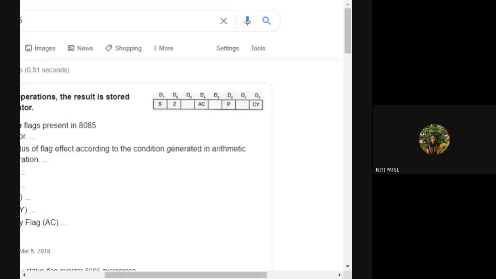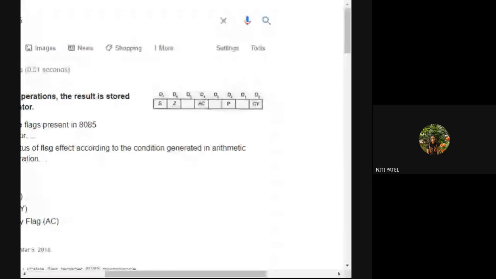Yes. So in this case, when my final result is generating a carry, this bit is set to 1. If it is not generating a carry at the end, it is set to 0. Clear?